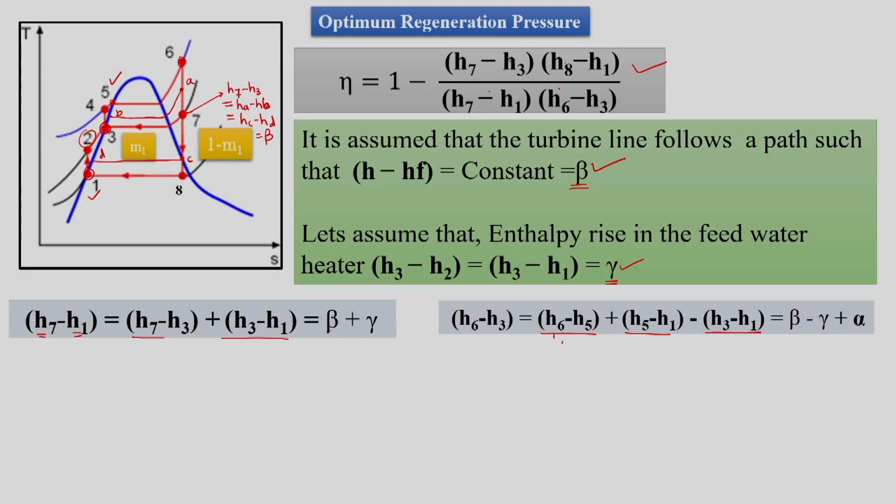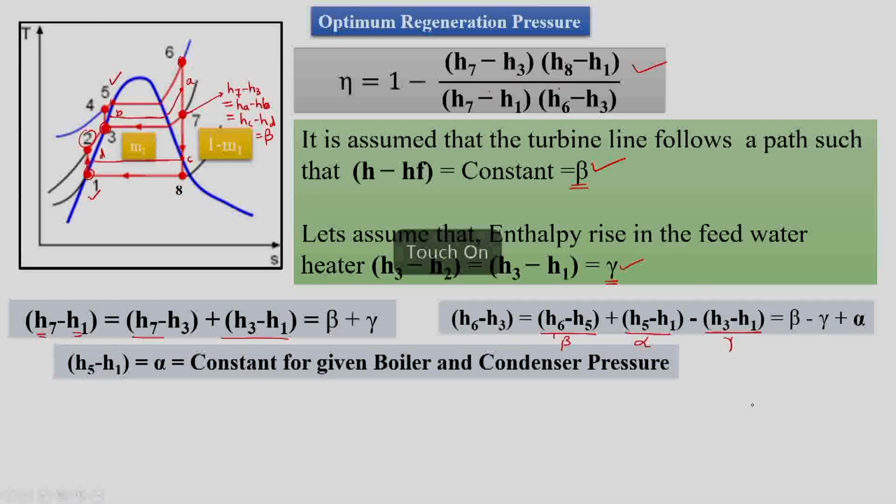So, this term is beta, this term is alpha, and this term is gamma. Here we are defining that H5 minus H1, the saturation enthalpy difference between the liquid saturation point of the boiler and the liquid saturation point of the condenser, is a constant.